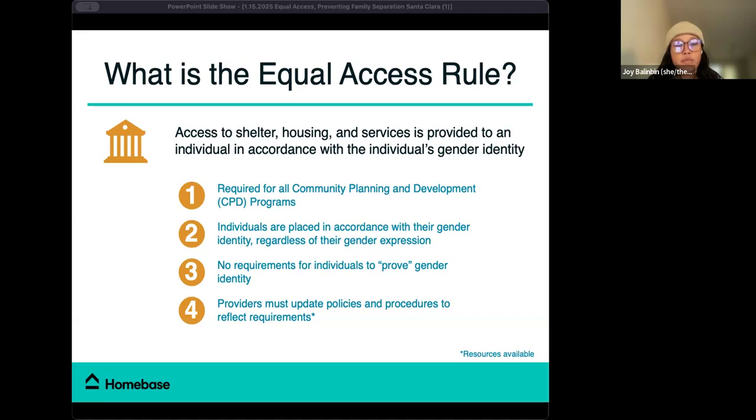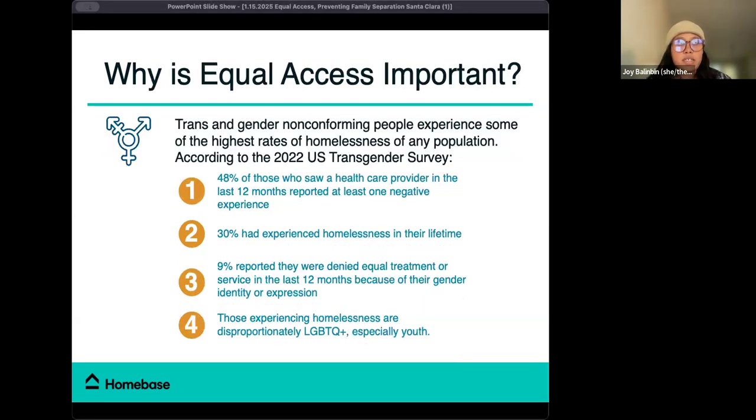And so after this training, we do share out some resources and examples of that, and you'll all get a link in your email with additional resources and information for that piece. But generally, this is what the rule provides for. And the reason that we're still talking about it, even though it's been around since 2016, is that it continues to be applied inconsistently.